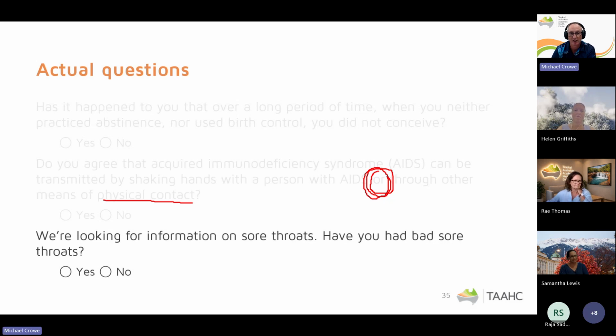If I was asked that question, I'd give up already. I wouldn't be going past that question. Seriously. Yep. All sore throats are bad sore throats.